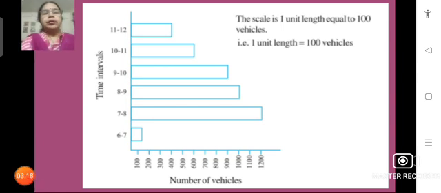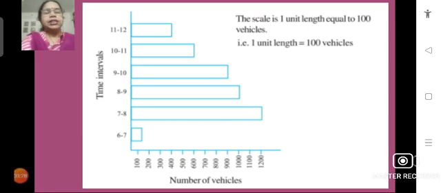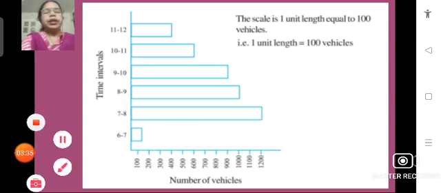So, by looking at the bars in this bar graph, we can understand when the vehicular traffic is maximum in the morning, during which time interval, and when the traffic is minimum.